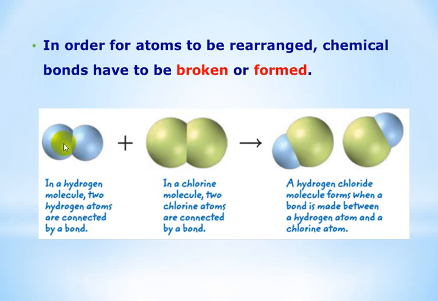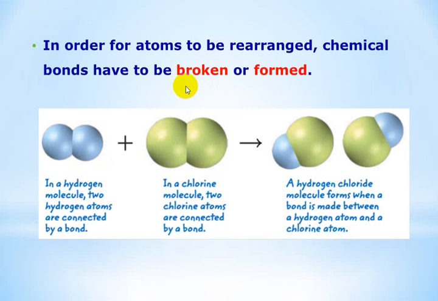When the hydrogen molecule reacts with the chlorine molecule, the first step is that the bonds are broken. The bond between the two hydrogen atoms is broken, and the bond between the two chlorine atoms is also broken.